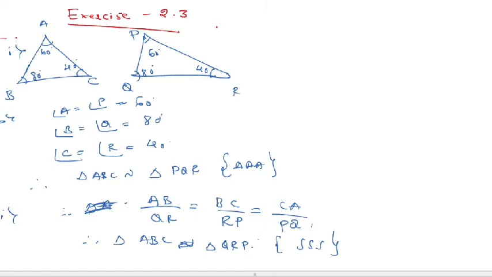Similarly, the third one: the given triangles are not similar because corresponding sides are not in proportion. So in that third one, it is not similar.